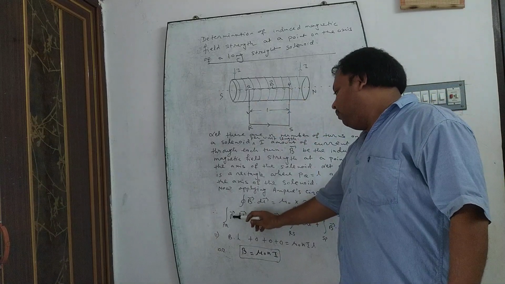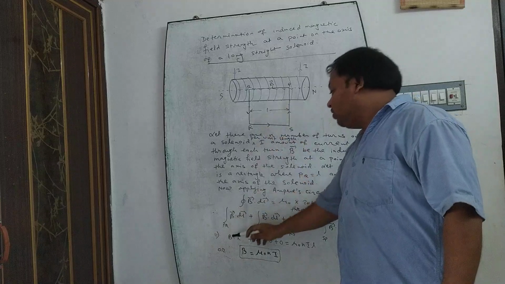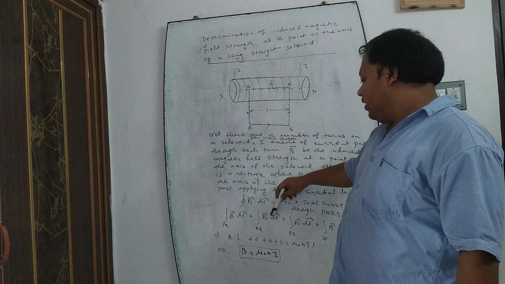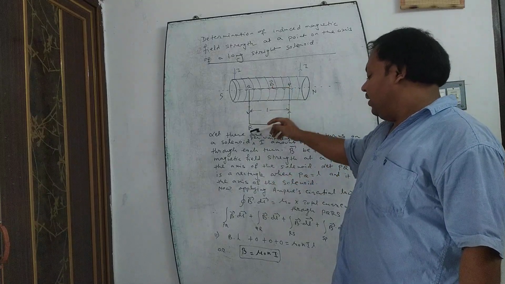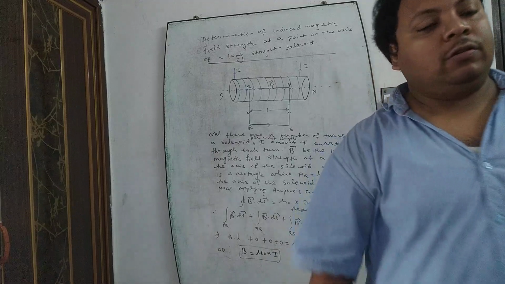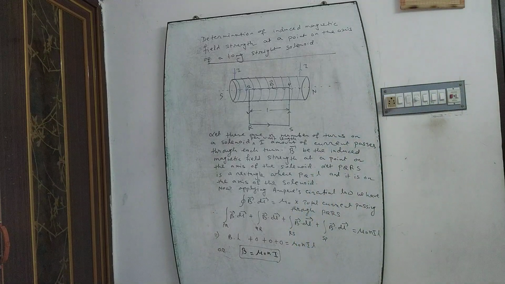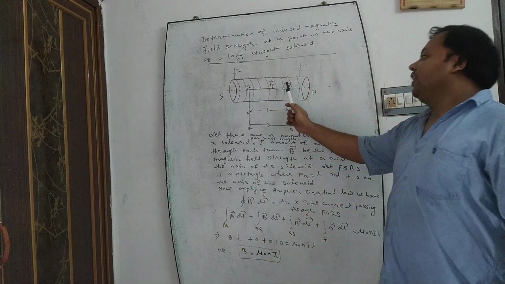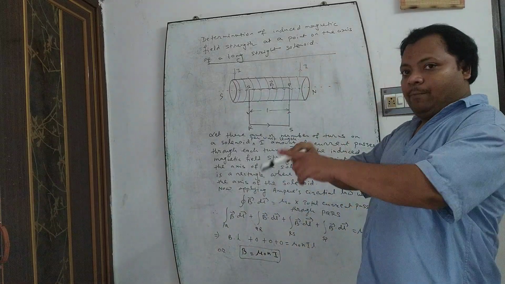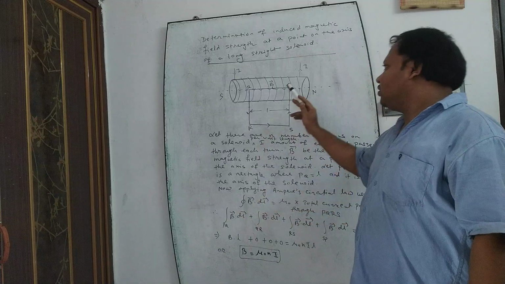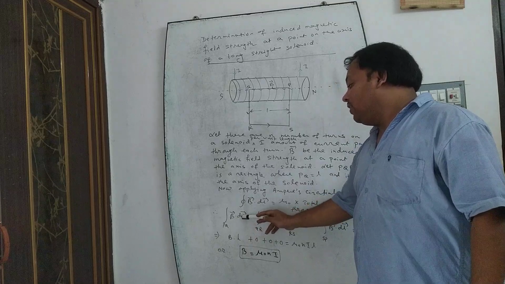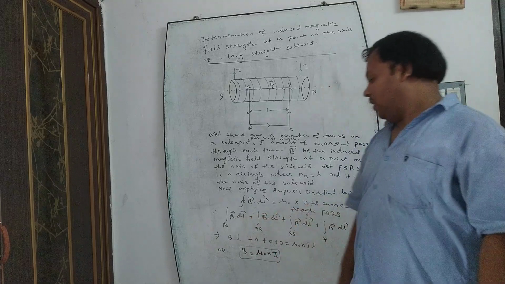That's why the integration of B dot dl along PQ is B times l.